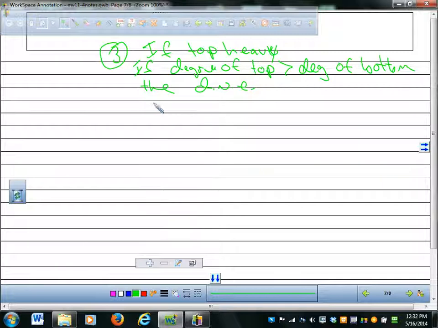For example, you want the limit as x goes to infinity of 6x to the 4th power minus 3x cubed over 273,424 x to the 3rd. What's the limit of that? DNE.